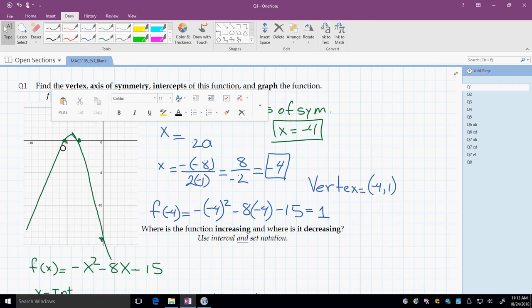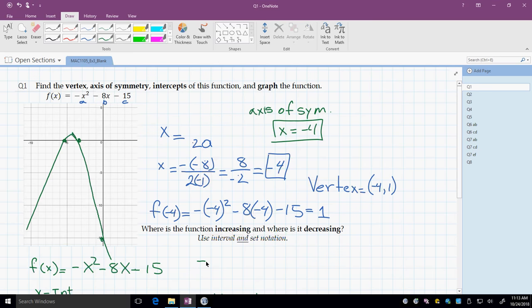So in interval notation, it's going to be from negative infinity all the way to -4. The same thing in set notation: you open your curly bracket and say x such that x is less than -4, and you close your curly bracket.